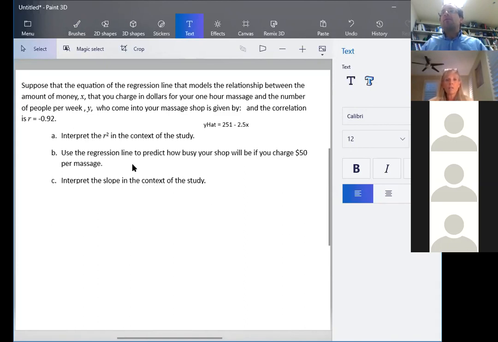Okay, so what we can say is that since we got 0.85 for R squared, if you look at all the different prices that might be charged, there's going to be a big variation in the amount of customers you're going to get day to day. But if we fix a price, then that variation is going to go down by 85%.